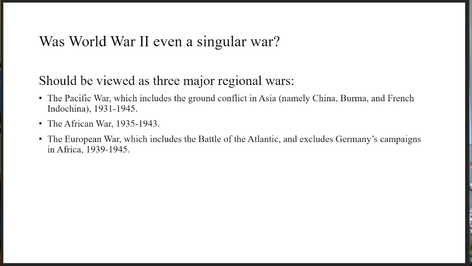The Pacific War, which includes ground combat in Asia, namely China, Burma, and French Indochina, between 1931 and 1945. The African War, between 1935 and 1943. And finally, the European War, which includes the Battle of the Atlantic and excludes Germany's campaigns in Africa, between 1939 and 1945.